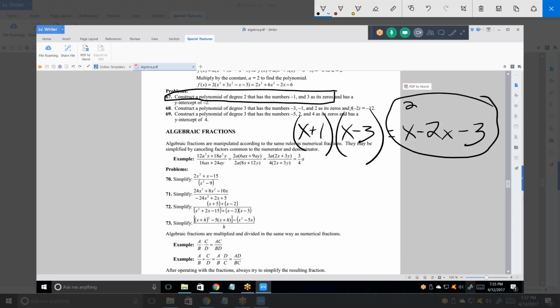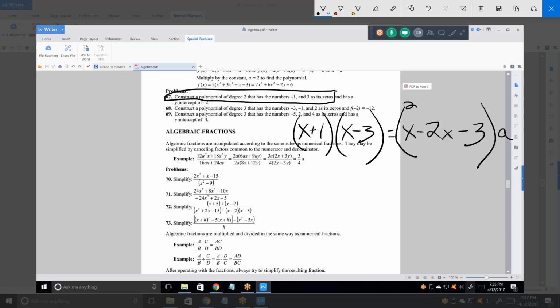Now, it wants a y-intercept of -2. We've got a y-intercept of -3. What do I need to multiply my polynomial by in order to make this number turn into a -2? I'm going to multiply it by some a.